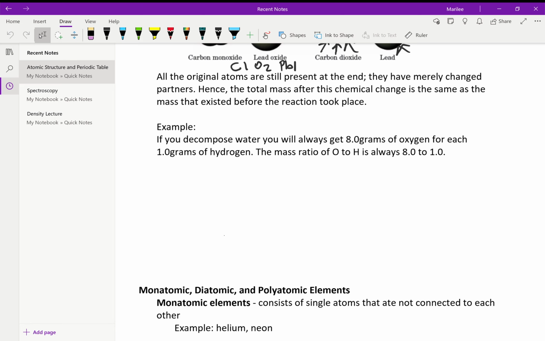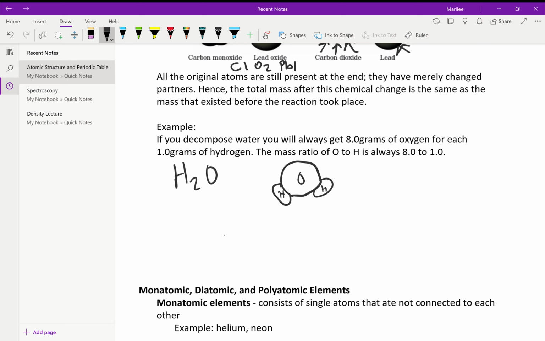Let's do an example. If you decompose water, you will always get 8 grams of oxygen for each 1 gram of hydrogen. The mass ratio of O to H is always 8 to 1. So we know that water is H2O, right? So we have an oxygen and we have 2 hydrogens.